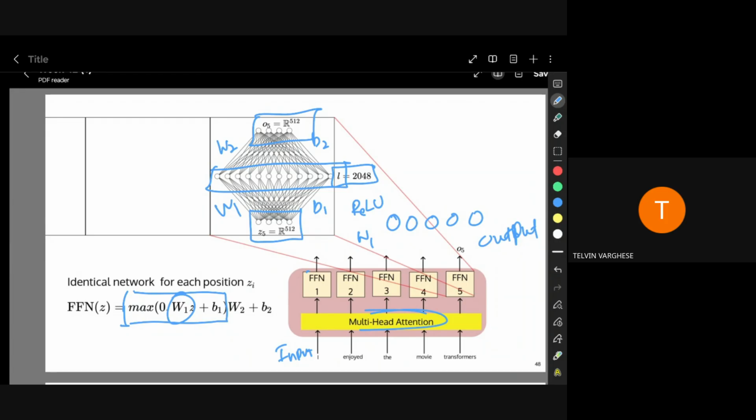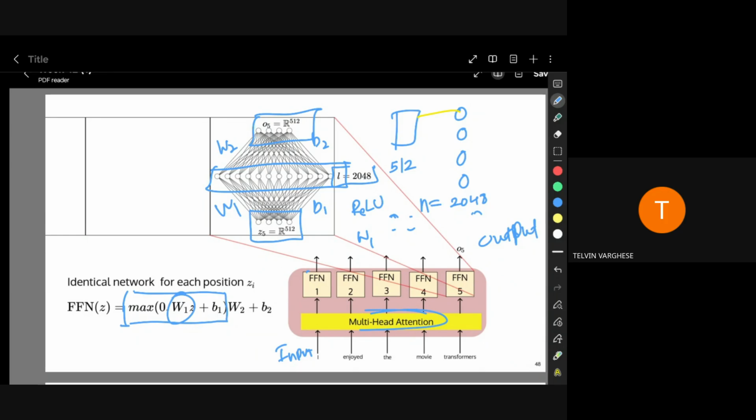Let's say you are sending a vector of size 512, and the output of this layer will be of size, let's say, 2048. So that many hidden neurons are there. You can say the number of neurons in my hidden layer.